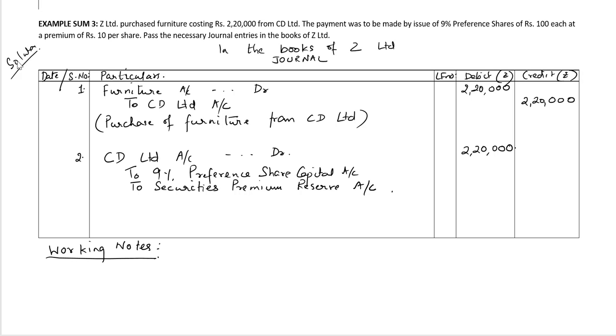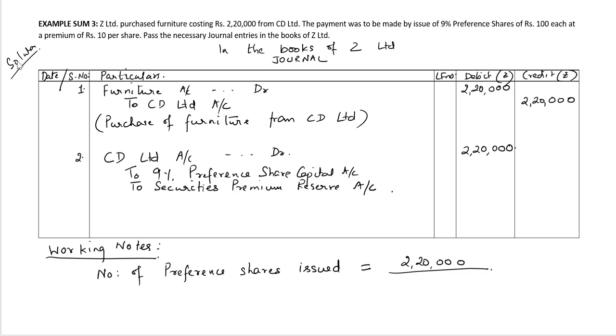Working notes: number of preference shares issued is equal to the amount payable to the vendor CD Limited, which is 2,20,000 rupees, divided by the issue price of the share. The share has a face value of rupees 100 and it has been issued at a premium of rupees 10 per share.